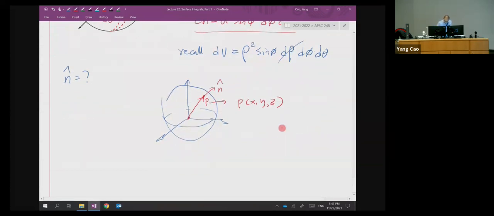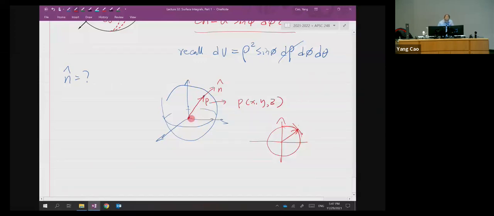If you recall in the 2D case, for example, if I have a circle, and I pick a point here and create a vector like this, this vector must be perpendicular to the tangent line at that location, right? And perpendicular to the tangent line is equivalent to saying this vector is perpendicular to the outer circle.